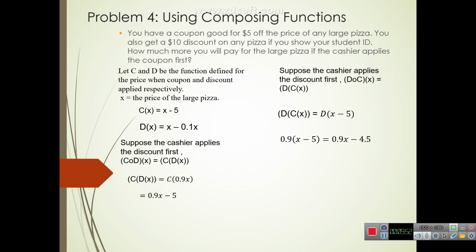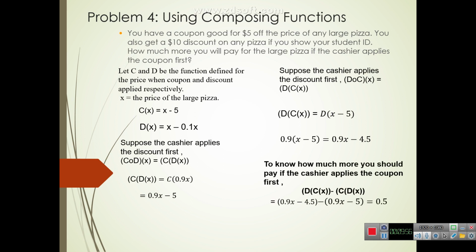It will be 0.9x minus 4.5. To know how much more you should pay if the cashier applies the coupon first, you should take the difference of the composition of the two functions. That means 0.9x minus 4.5 minus (0.9x minus 5), which is going to be 0.5. That means you must pay $0.50 more.